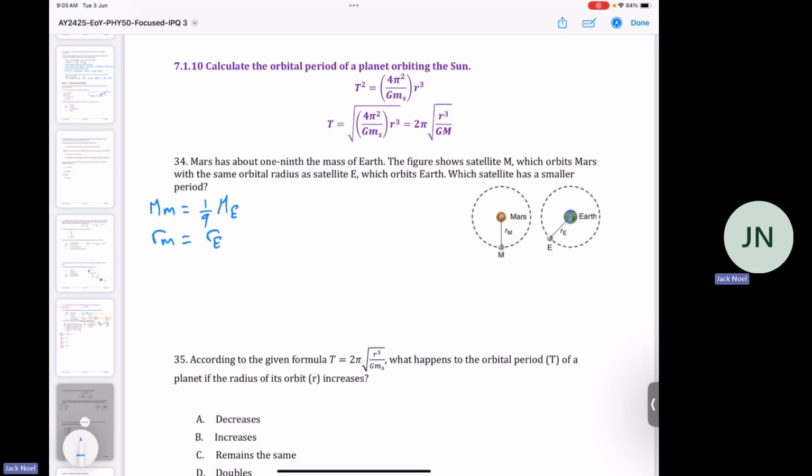Now they're asking which one has the smaller period. First of all, the period of revolution of the satellite orbiting Earth is 2 pi square root of RE squared over GME.